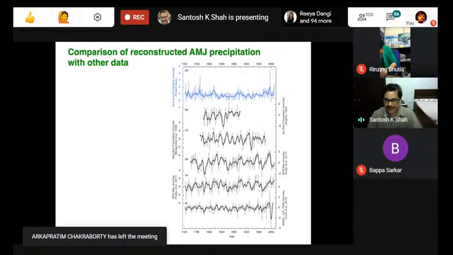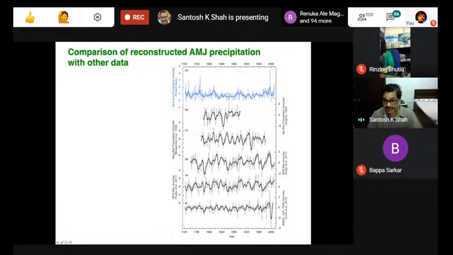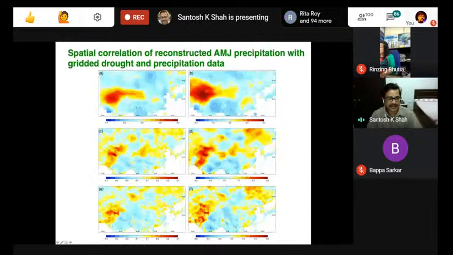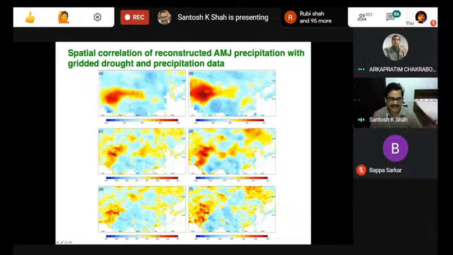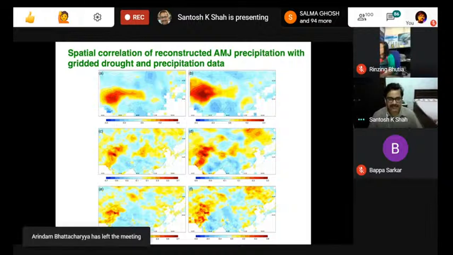We also compared with other existing reconstructed data, and it matches perfectly. And we did some spatial correlation. Spatial correlation is, we have the reconstruction here, and then we see how far it extends, whether it is capturing the same signal.